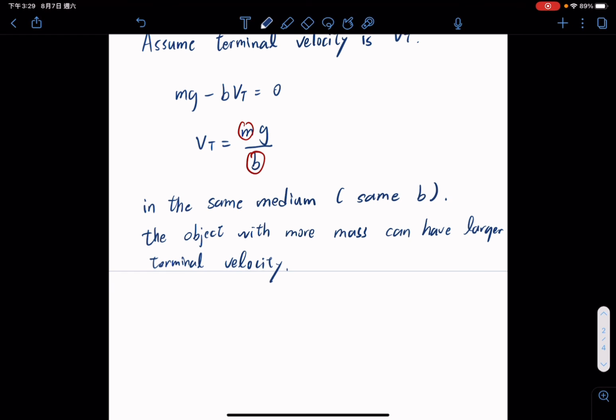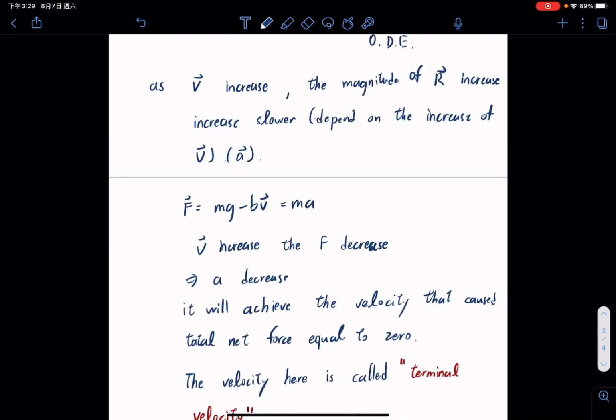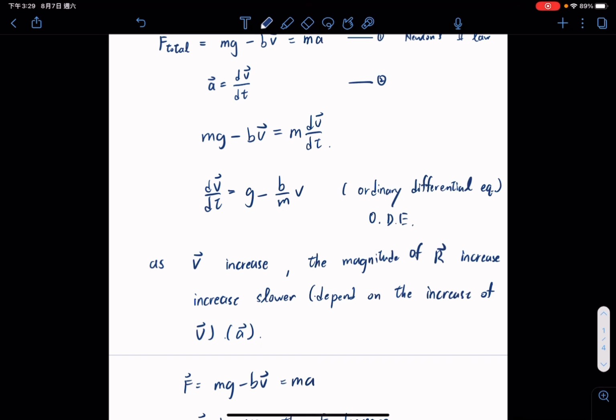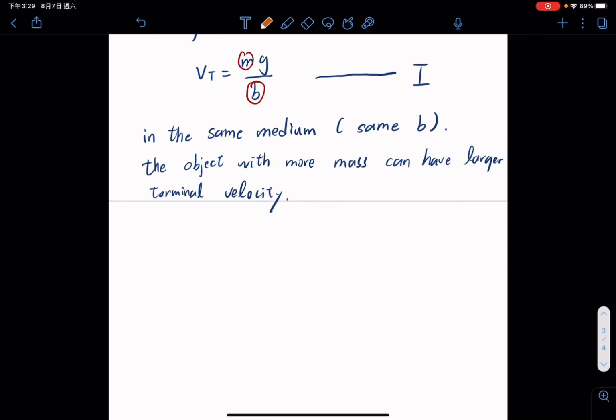Here is the important thing. Second, we would like to solve this equation: mg minus bv is equal to m dv over dt.